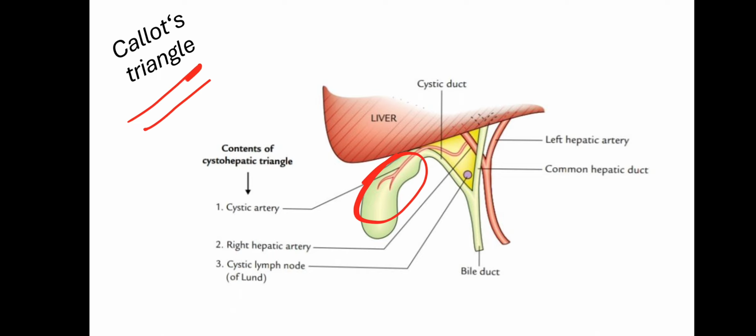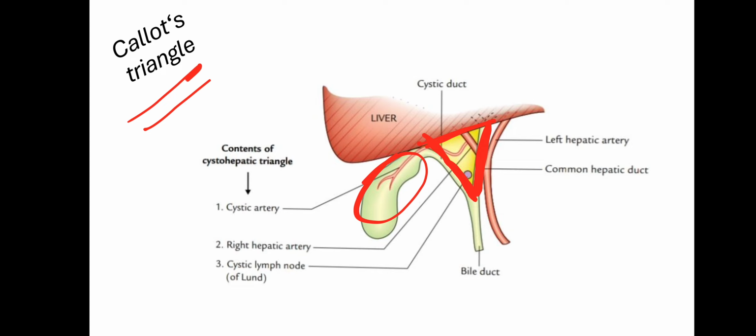Here we have a triangle called the Calot's triangle, the boundaries of which are the cystic duct, the common hepatic duct, and the inferior border of the liver.